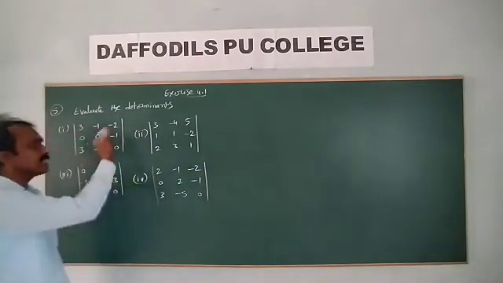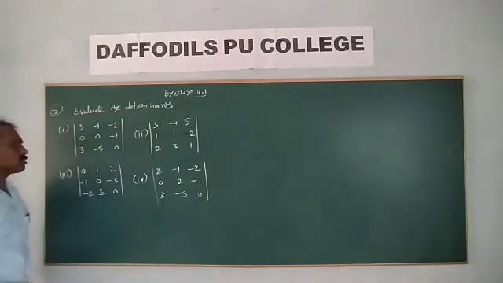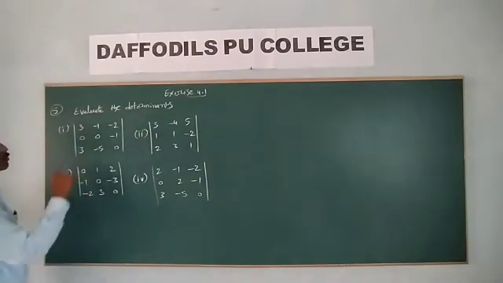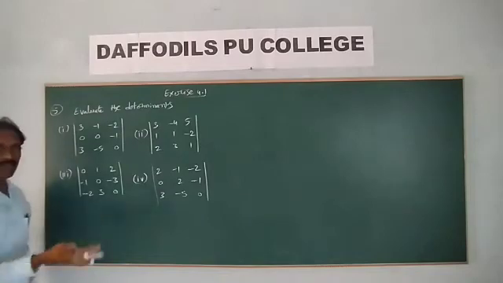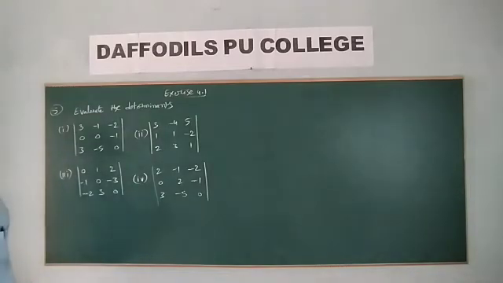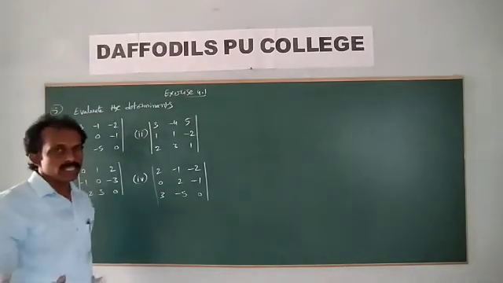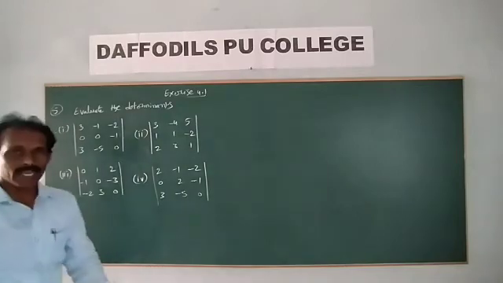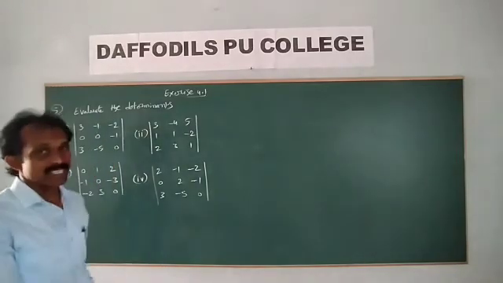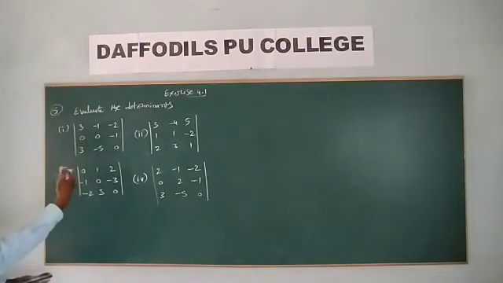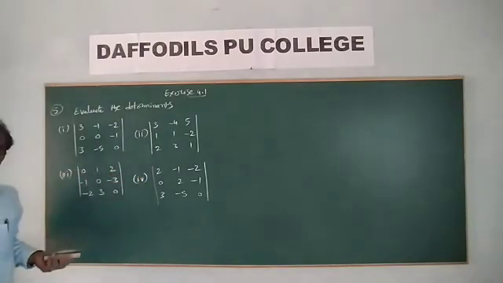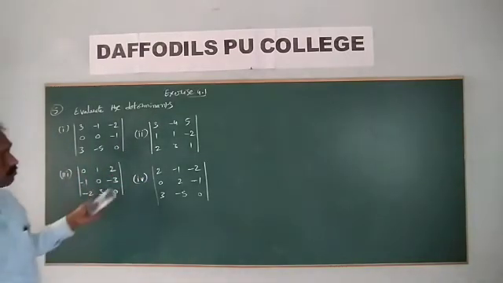Try with respect to different R1, R2, R3, C1, C2, C3, so that we can easily understand that along any row or any column, the answer will be the same.